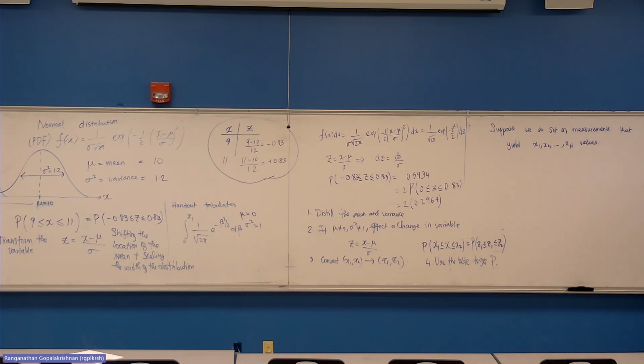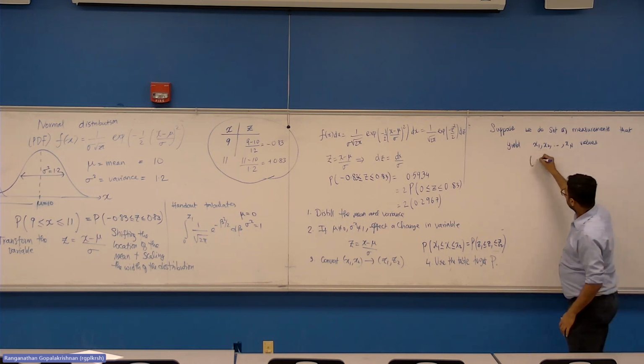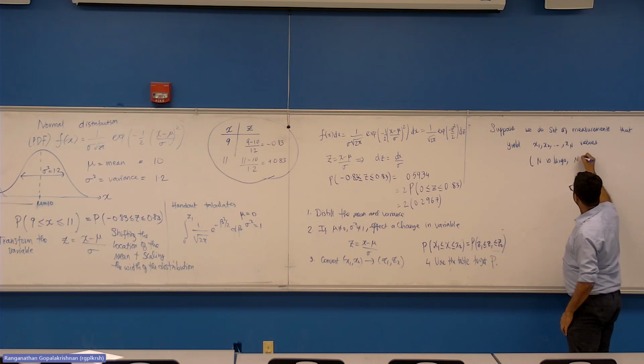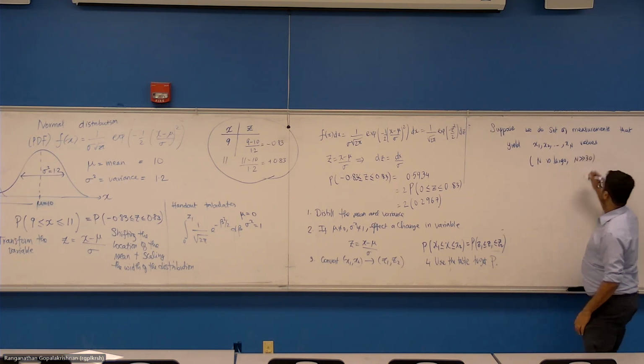You are acquiring voltage or temperature, whatever. You get n values where n is large, usually much greater than 30.